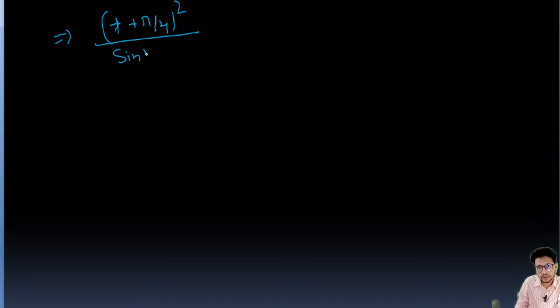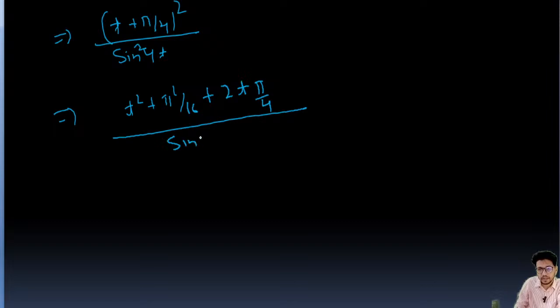Minus sine 4t, but it becomes sine 4t because of sine square 4t. Now we'll open it: t square plus pi square upon 16 plus 2t times pi by 4, upon sine 4t whole square, and write it like this.